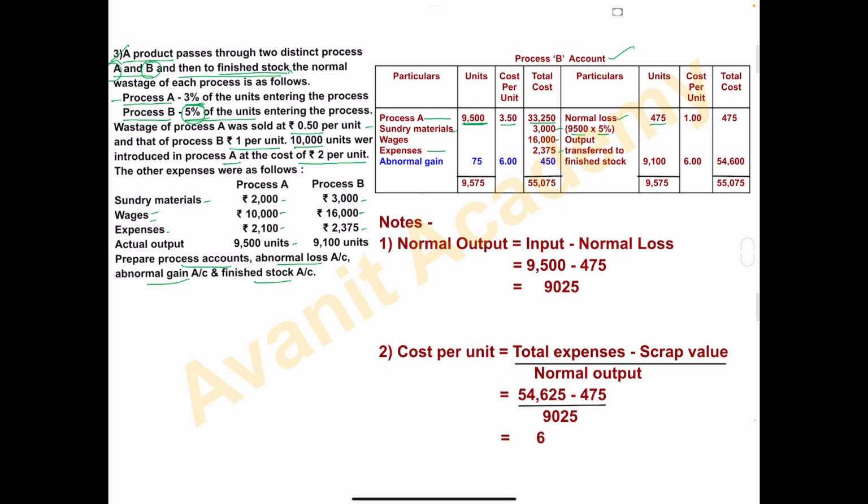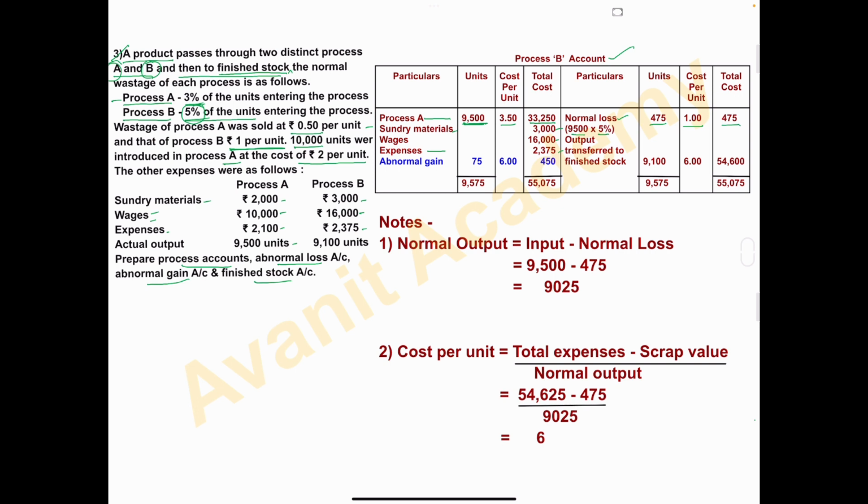So in process B, there is a loss of 475 units. And this wastage or normal loss is sold at scrap value 1 per unit. Okay. Wastage of process B is sold at rupees 1 per unit. So in cost per unit column write rupee 1. You will get the same amount, that is 475.